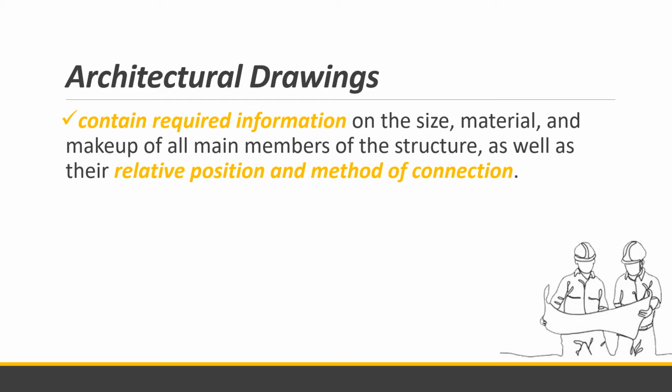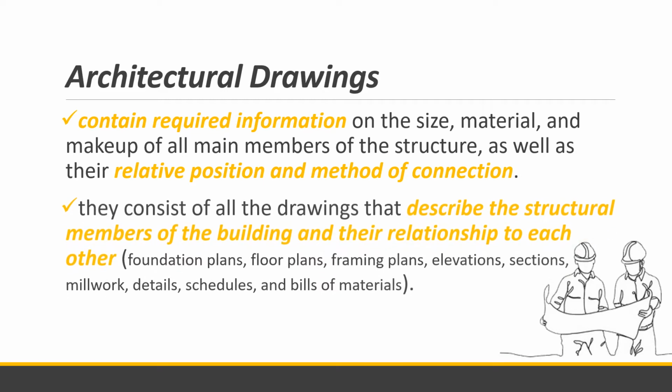Meaning nakita doon yung mga members ng structure, yung column, yung walls, yung beams, as well as their relative position and method of connection. So nandun yung kung ano yung placement niya. For example, sa rooms, saan yung kitchen, saan yung bedroom, saan yung CR, saan yung entrance, saan yung exit. Ganun. Makikita ito sa architectural drawing.